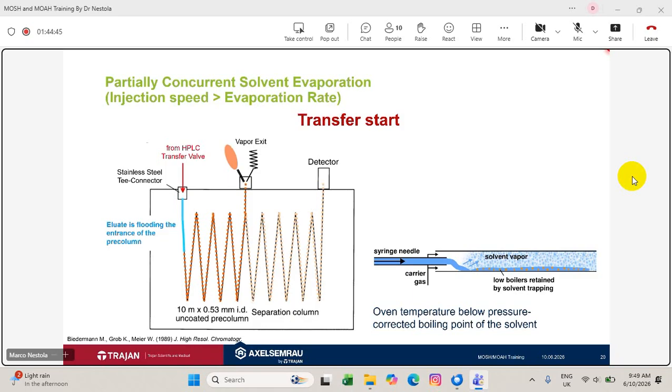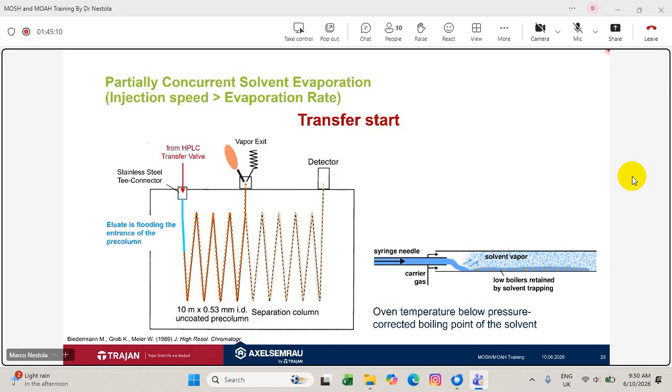So what we are doing here in the first stages, as I said, we have our HPLC valve open. We are mixing in the T piece the liquid and the carrier gas. What you are seeing here in the blue color is our liquid flooding our column, because injection speed is higher than evaporation speed.